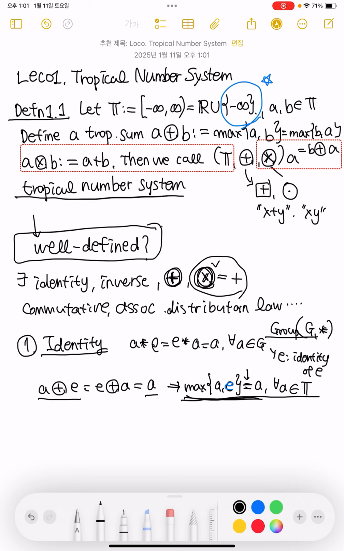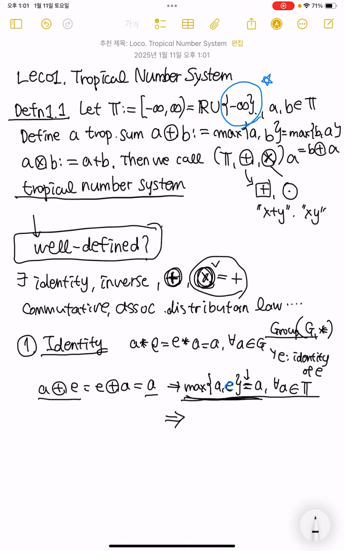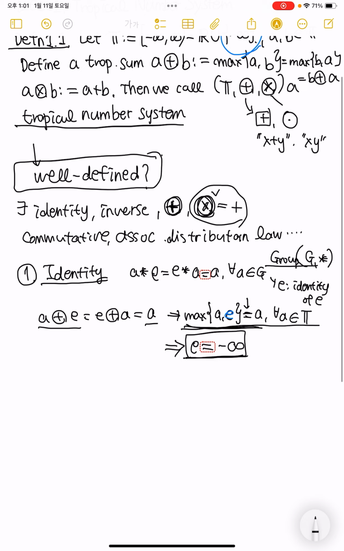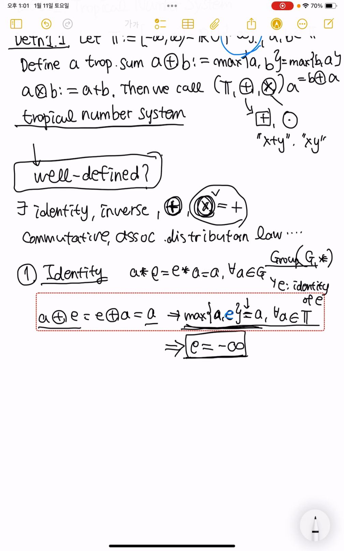To hold this equation, the only way is for E to be minus infinity. So whenever A comes here, the result is always A. Okay.